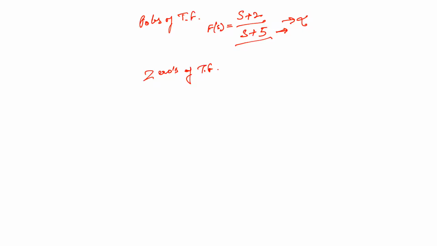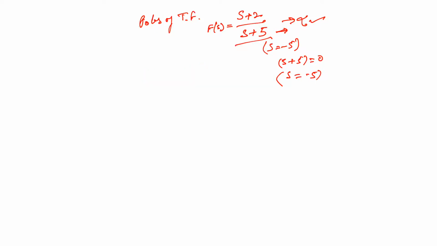In this case, if s equals minus 5, then we can say that this transfer function is infinite. That is, s plus 5 equals 0 and s equals minus 5. As per the definition, this value minus 5 causes the denominator to be 0 and the whole transfer function to be infinite.